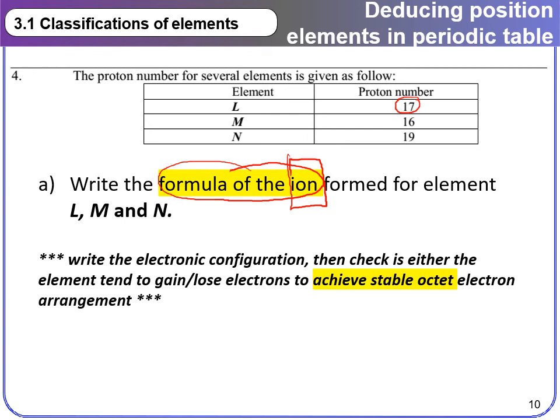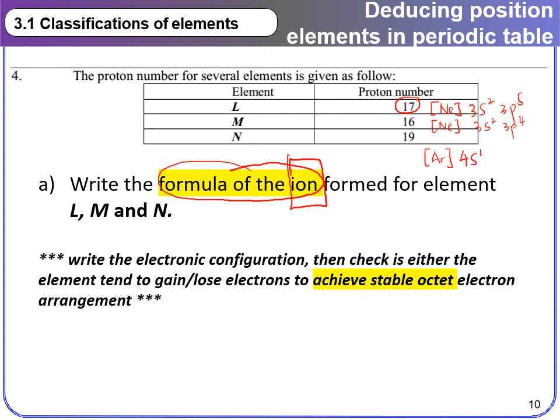For 17, we can use the shorthand with neon: neon is up to 2p6, followed by 3s2, 3p5. For 16 electrons, it is neon, and then 3s2, 3p4. For N, we use argon, 18 electrons. Argon is up to 3p6, so one more electron is 4s1.